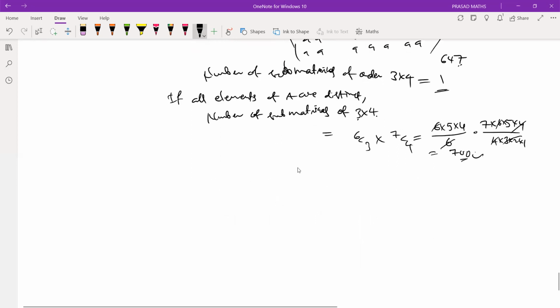Suppose, second question. Suppose A is a matrix Aij of order 6 by 7, in which each entry is equal to 1.